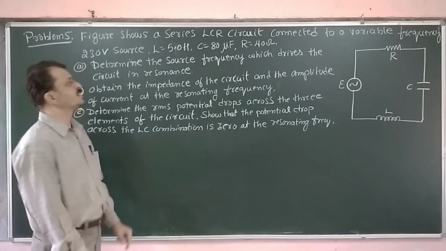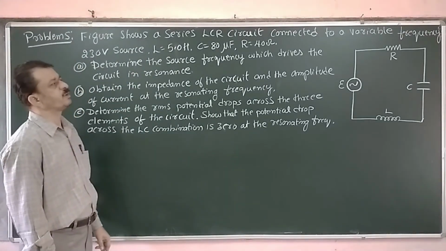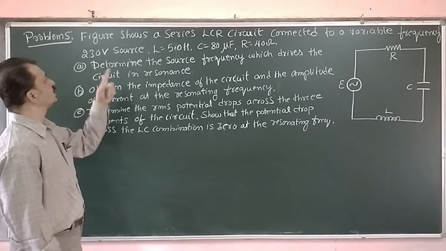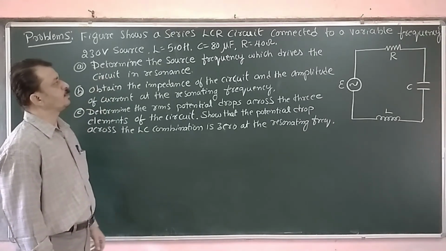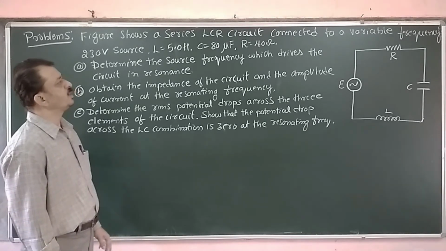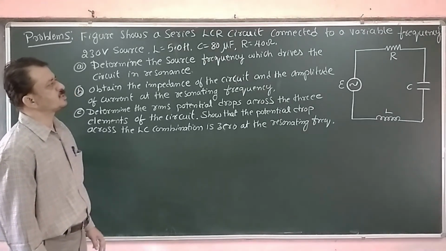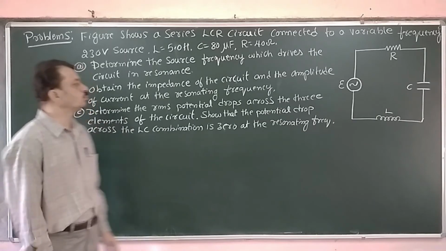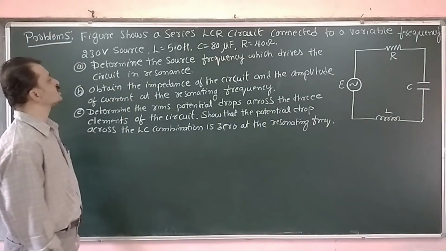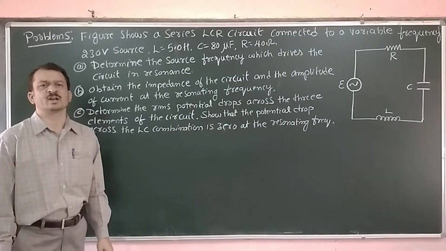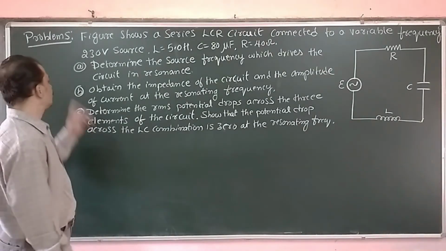Figure shows a series LCR circuit connected to a variable frequency 230 volt source. L is 5 Henry, C is an 80 microfarad capacitor, resistor is 40 ohm. You have to calculate three things. Determine the source frequency which drives the circuit in resonance, that is, we have to calculate the resonance frequency.